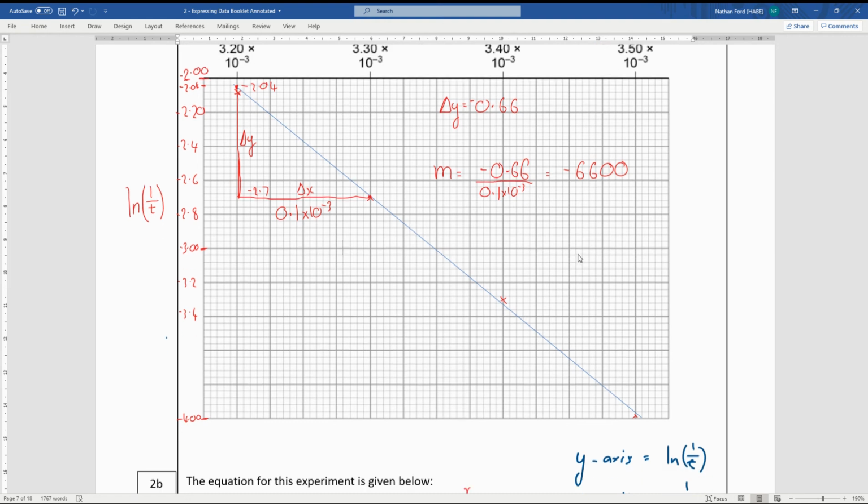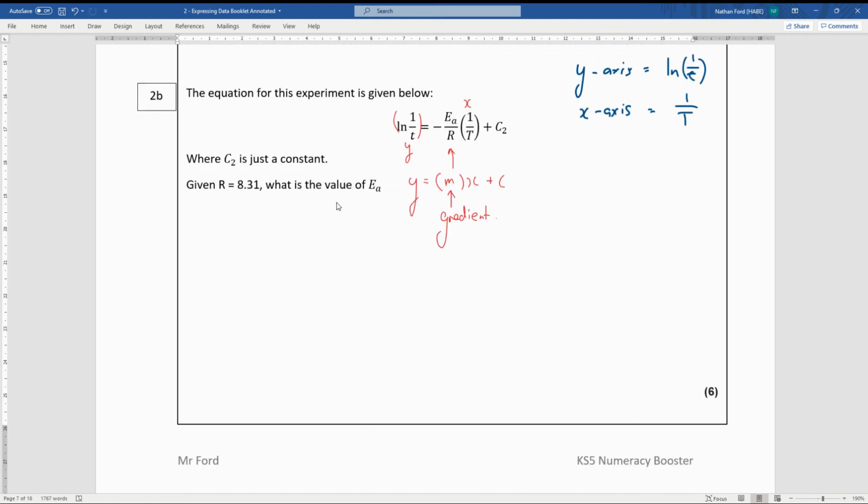Let's take that down here. So our gradient is minus 6600. It also, if you notice, this is the gradient, which means that has to equal this. Equals minus E_A divided by R, which gives us this value here.